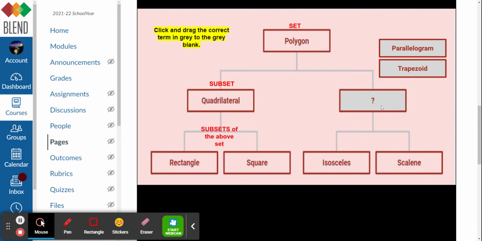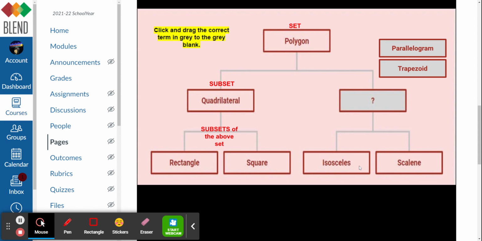I don't think either one of these words goes over here. What were we talking about when we were talking about isosceles and scalene? Those were not quadrilaterals. What were those? Yeah, triangles.